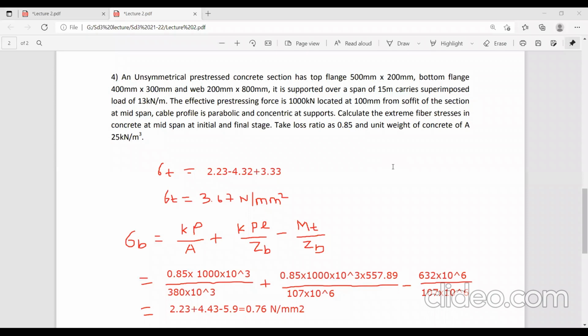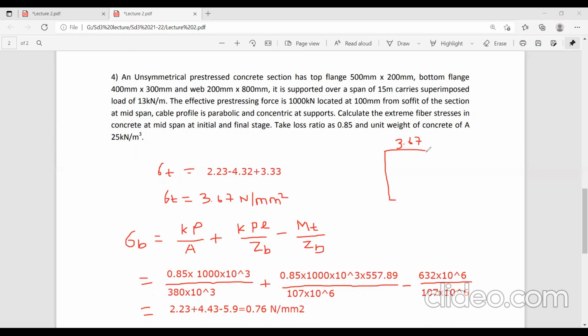Okay, so just draw the stress diagram. You can draw the final stress diagram directly. Sigma top is 3.67, and sigma bottom is 0.76.